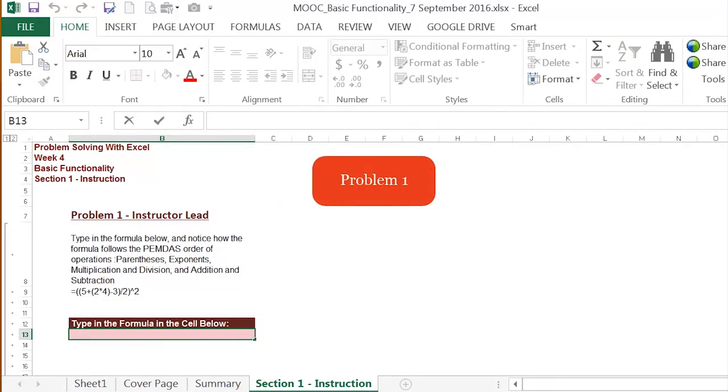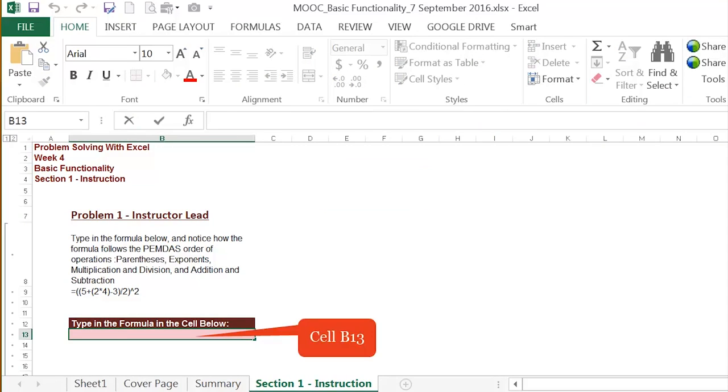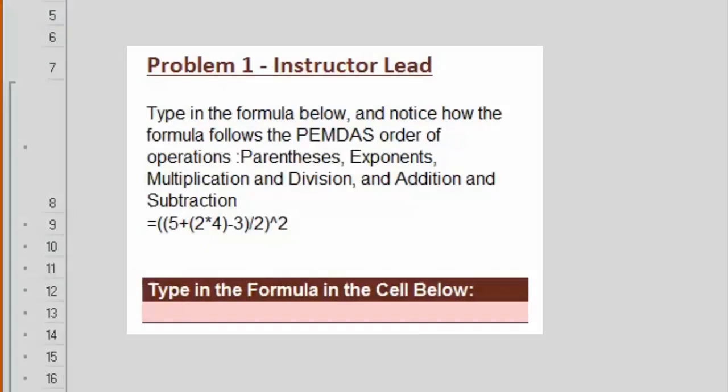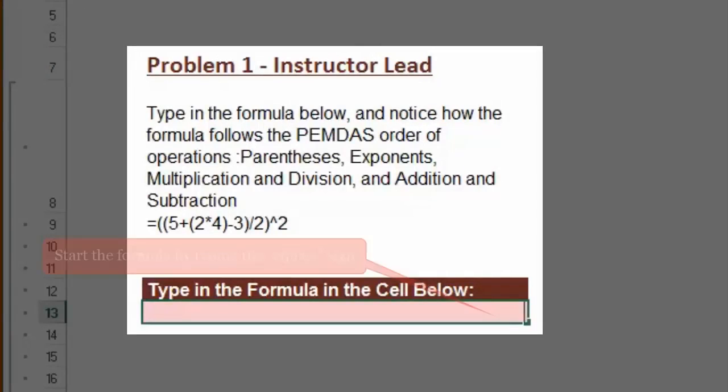Let's practice writing a simple formula that will perform a mathematical calculation. First, we go to cell B13 and we double-click in order to enter into the cell and begin the editing. We start the formula by typing the equal sign. This will let Excel know that we are going to be calculating something.